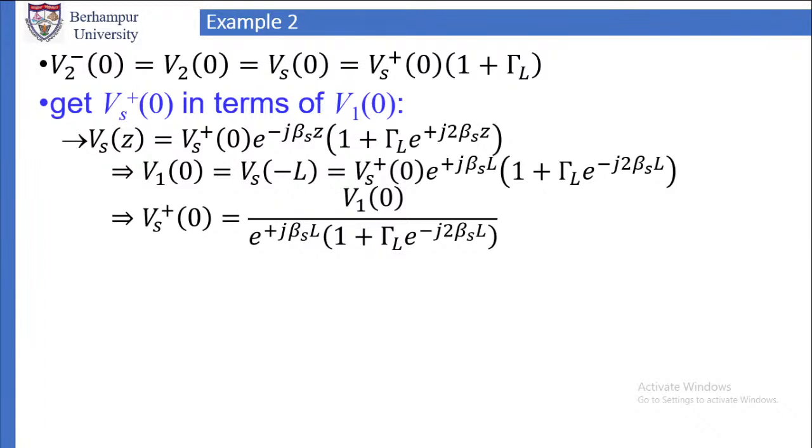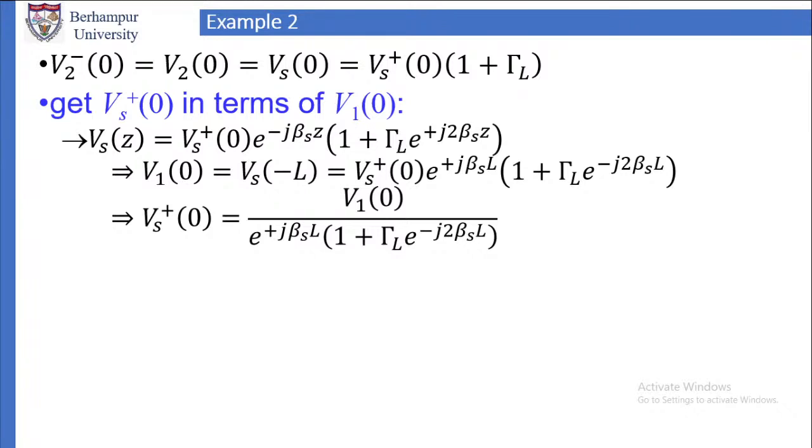But if you want, you can just multiply that. If you multiply, the first part is Vs plus 0 exponential minus j beta s z, and the second part is Vs plus into gamma L, that gives you Vs minus 0 into exponential j beta s z. So from that we have taken the first part common.